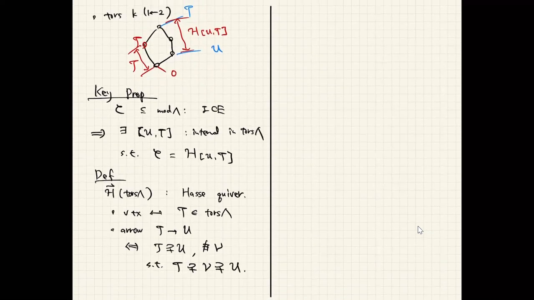This is the standard definition. For example, this becomes this quiver, and note that this one is the largest one. The largest one is always mod Λ, and this one is the smallest one, it's 0. So there are arrows from larger ones to smaller ones in our convention.